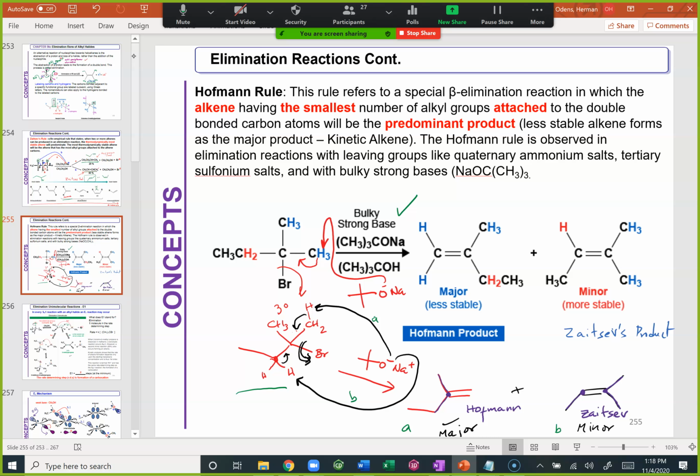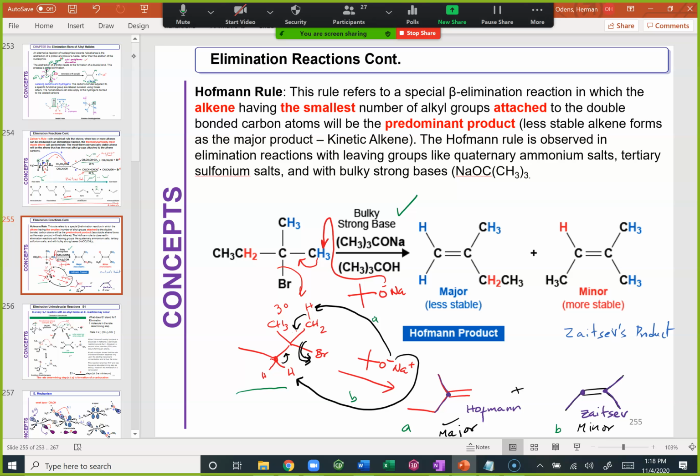My bad, sodium t-butoxide. And so you can use that. You can use LDA, HMPA, all those big bases that we're gonna mention in the practice homework. And so you need something bulky.